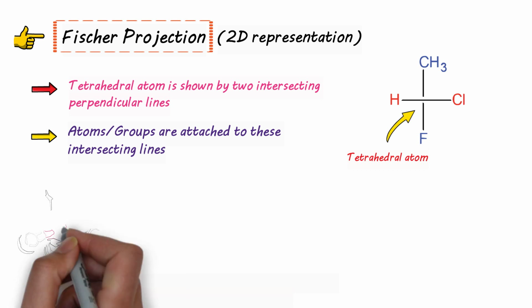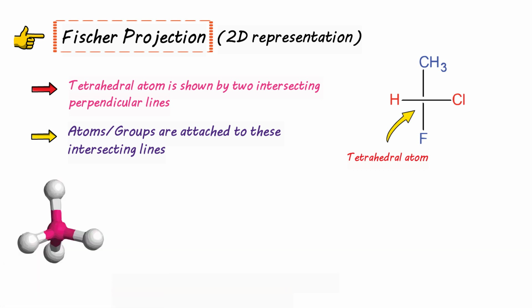Now, this Fischer projection is usually obtained from the 3D representation by means of the fact that in the 3D projection, atoms or groups which are facing the viewer, that is 1 and 2 over here, are shown horizontally in the Fischer projection, while atoms or groups which are facing away from the viewer, that is 3 and 4 here, are shown vertically in the Fischer projection.